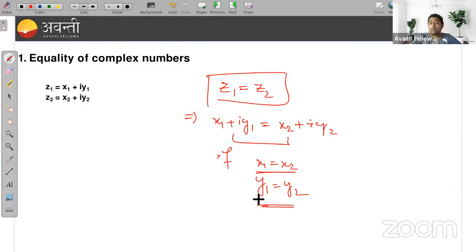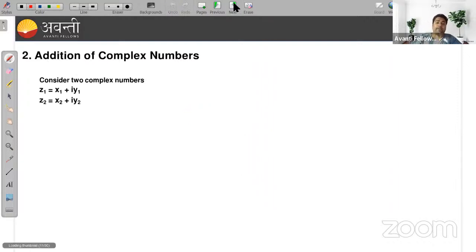Now we'll go to the next operation, that is addition of two complex numbers. How can we add two complex numbers? Suppose we take the same complex numbers Z1 and Z2, which are x1 plus iy1 and x2 plus iy2. If I ask you to find the sum Z1 plus Z2, how can you add?